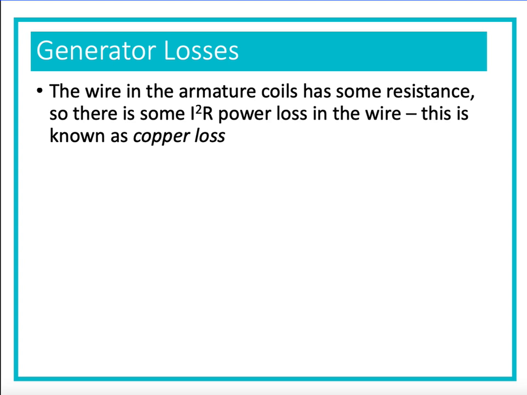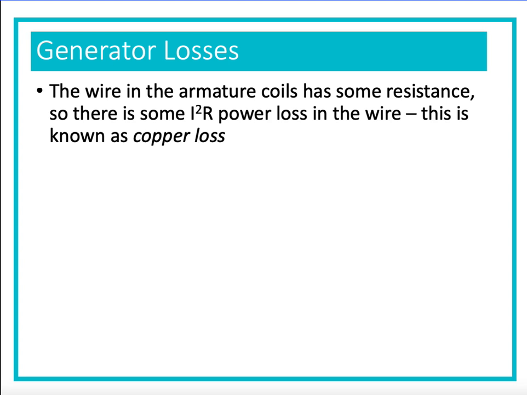The wire in armature coils also has some resistance. And so what we do is we actually find the current in that wire. There isn't any real voltage across it we can measure. We can certainly measure the current. And when you square the current times that resistance, that gives you the power loss due to the resistance of the wire.